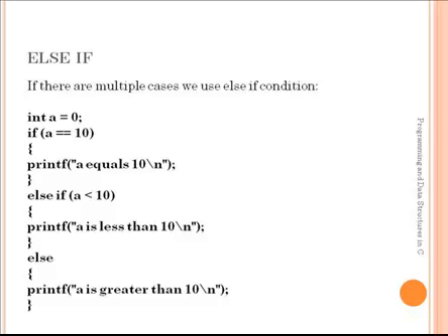In the first case, assume this else is associated with the first if. This is the first if and this is the second if. In case 1, else is associated with the first if.